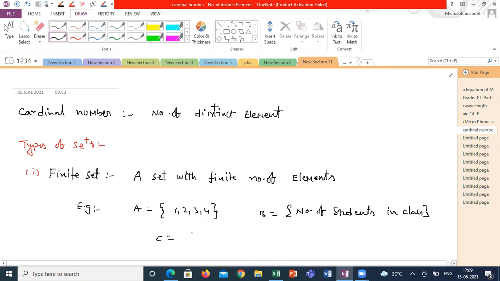Set C is the odd numbers from 2 to 100. Will you agree with me? All these are finite sets.